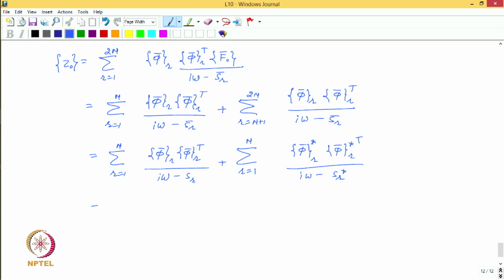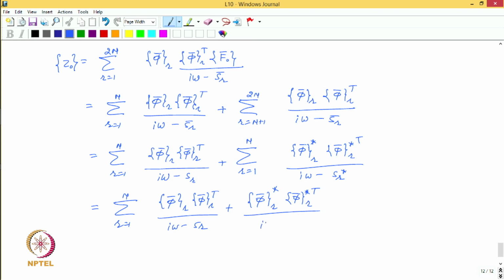Therefore, we can in fact combine these two expressions into a single sum, and we can write this as phi bar r transpose I omega minus S r plus phi bar r star phi bar r star transpose divided by I omega minus S r star.